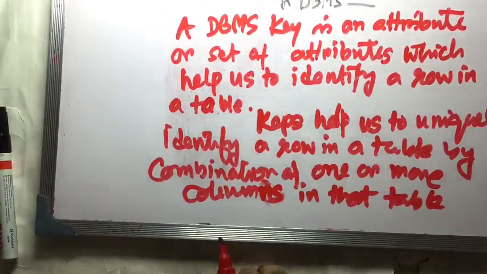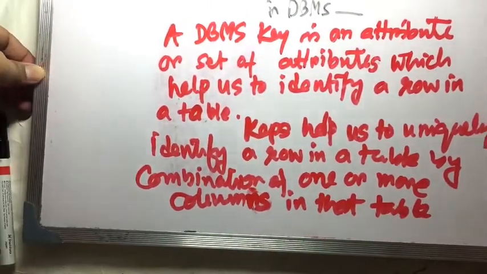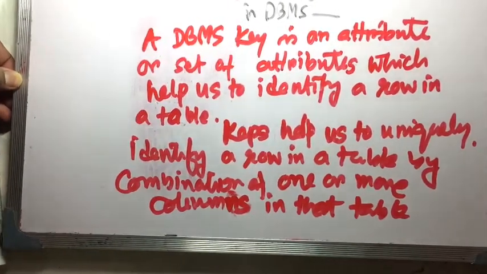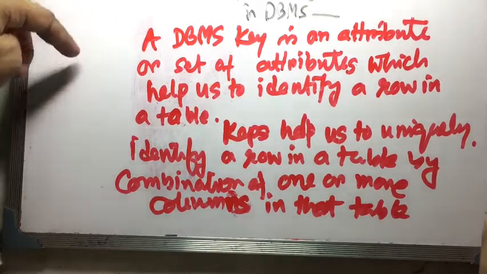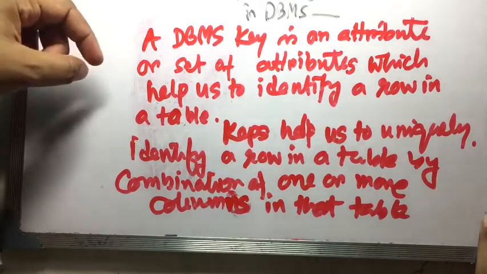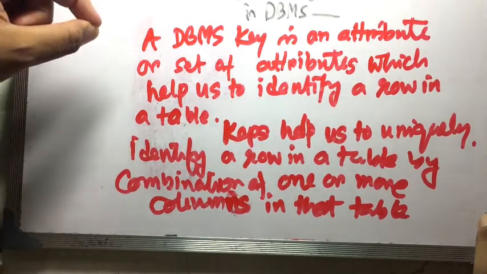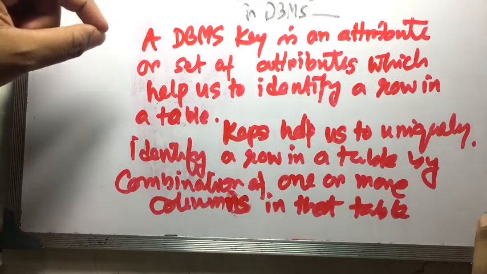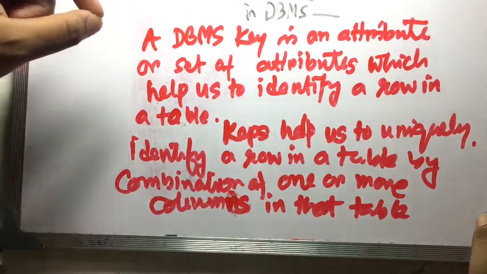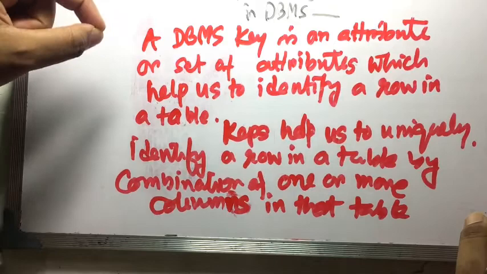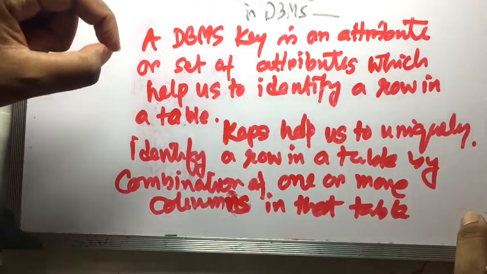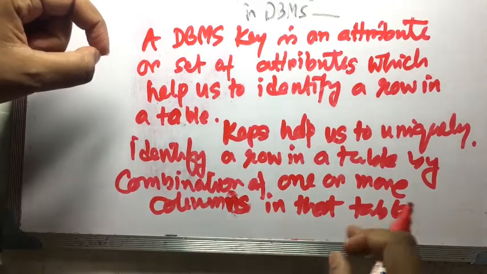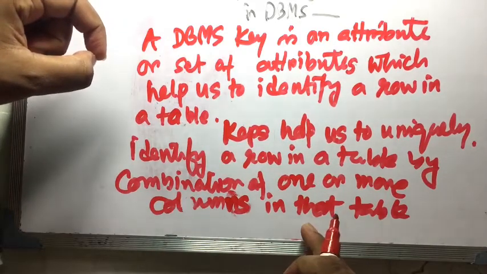A DBMS key is an attribute or set of attributes which help us to uniquely identify a row in a table. Keys help us to uniquely identify a row in a table by a combination of one or more columns in that table.